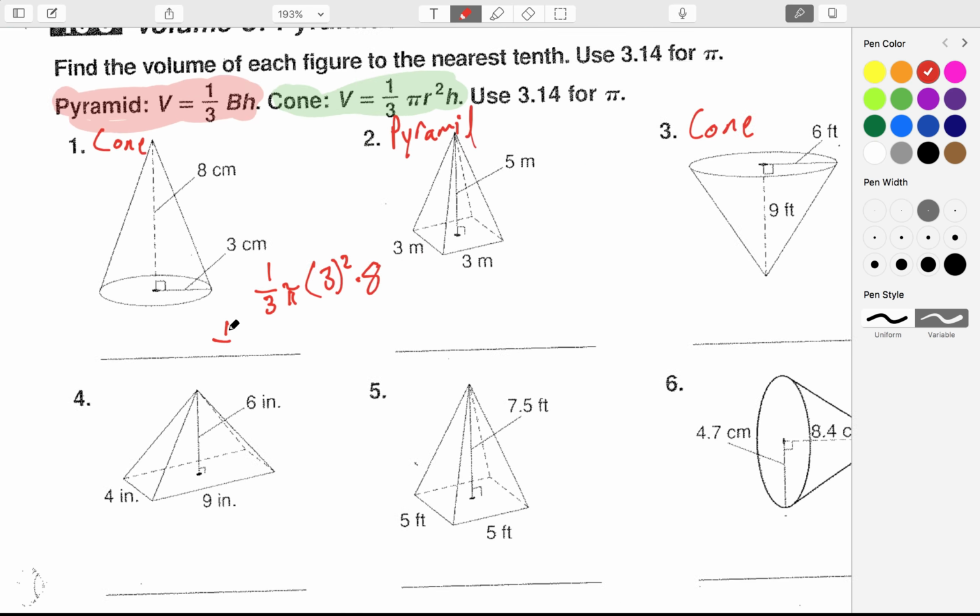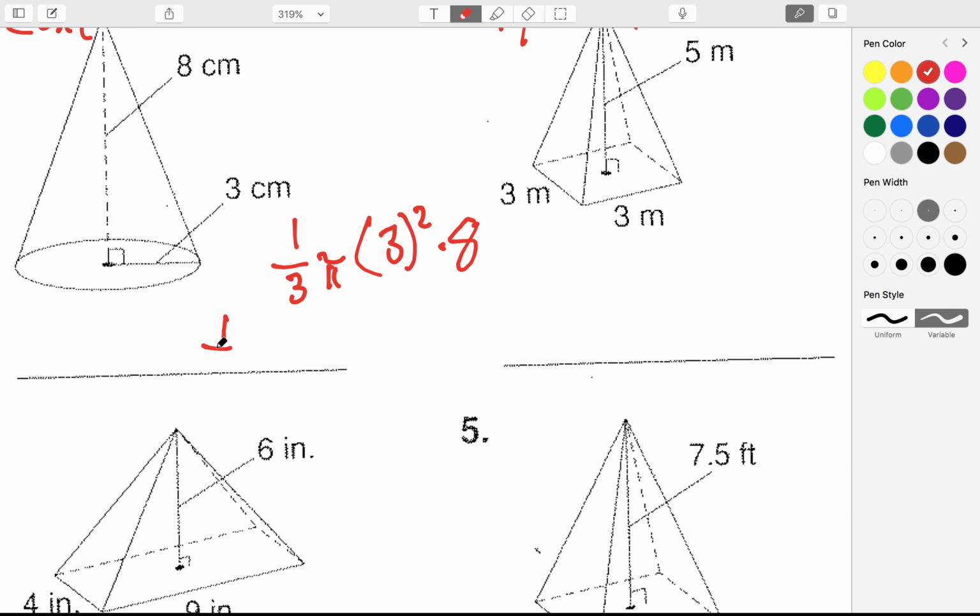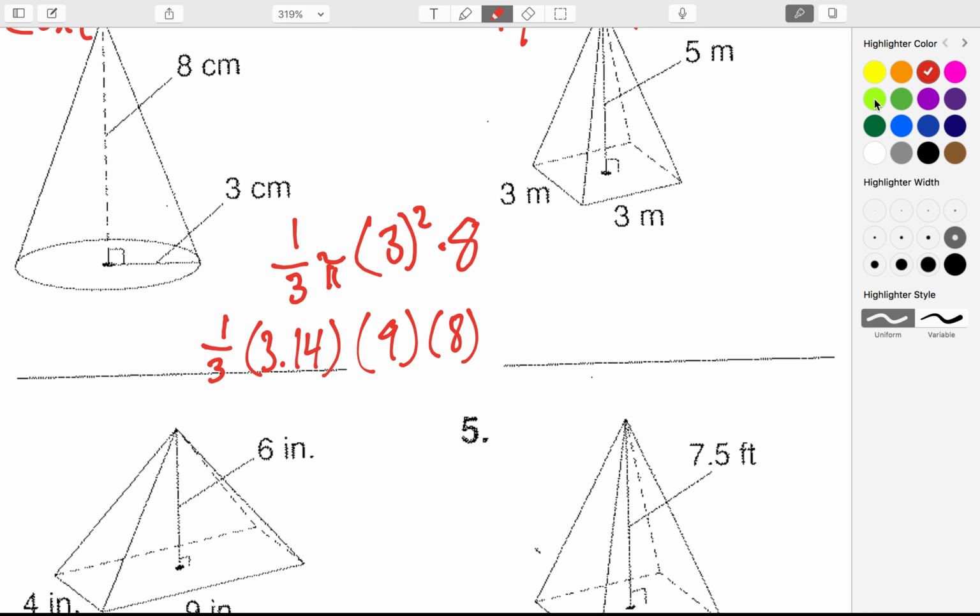So we have 1/3 times 3.14 times 9 times 8. Okay, let me go through that. This pi right here, this is why I erased it. I replaced that with 3.14. Okay?